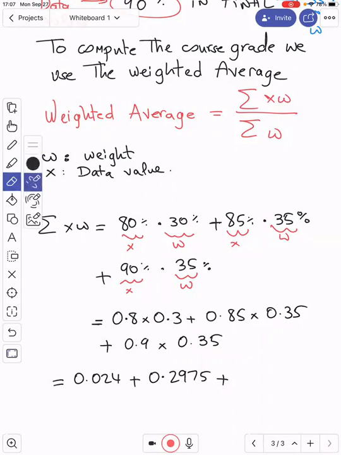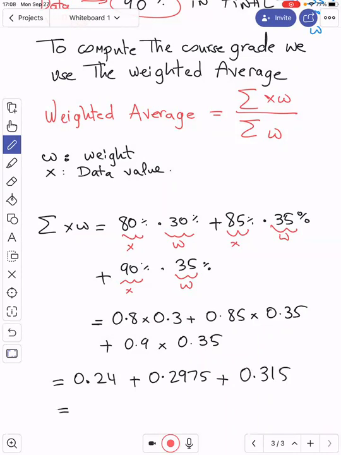I don't know why I had an extra 0 here. So this is just 0.24. Plus 0.85 times 0.35 is about 0.2975, I think. And finally, 0.9 times 0.35 is equal to 0.315.